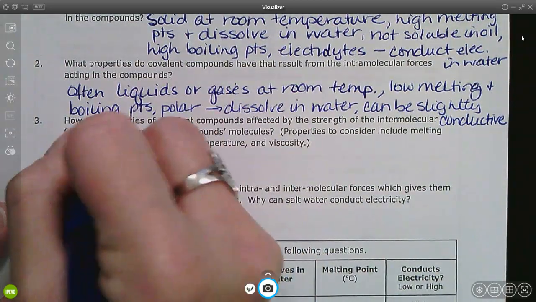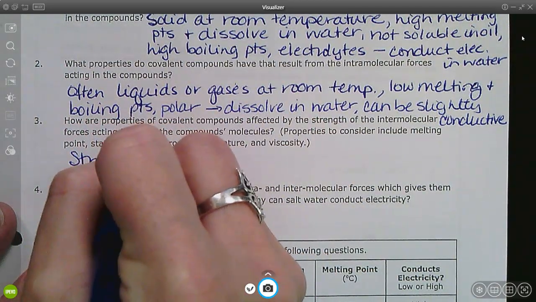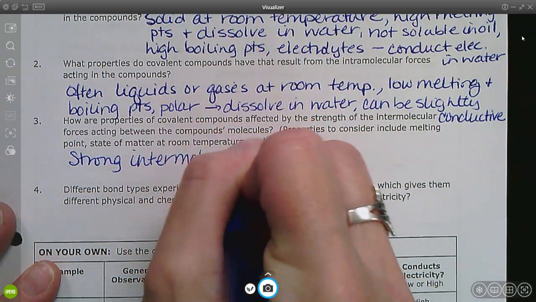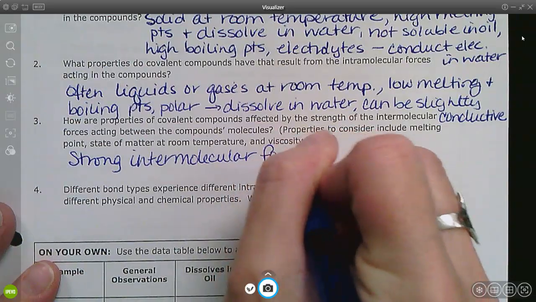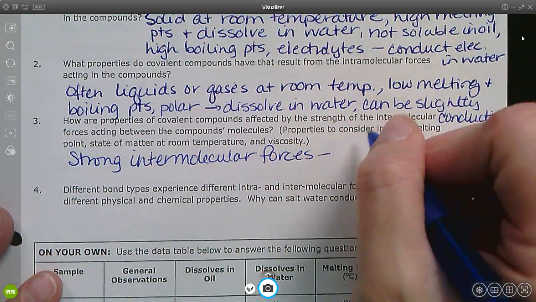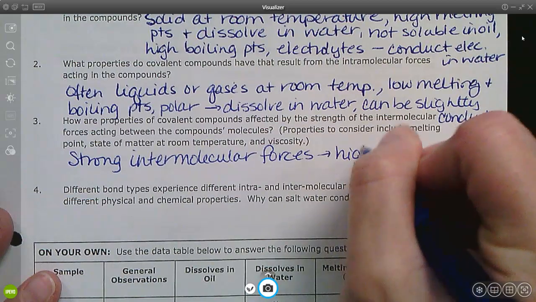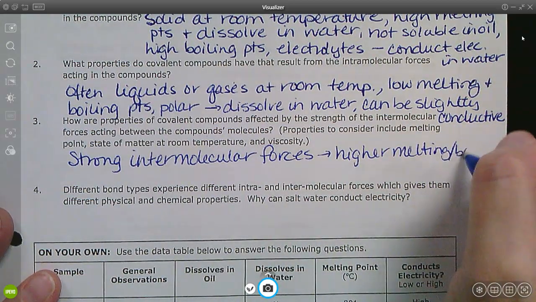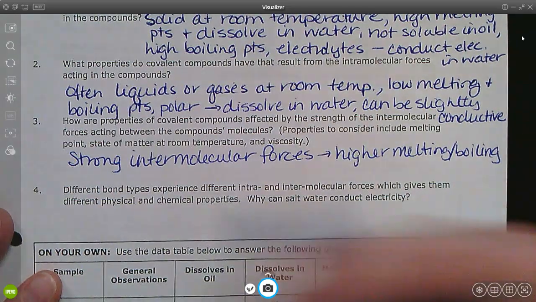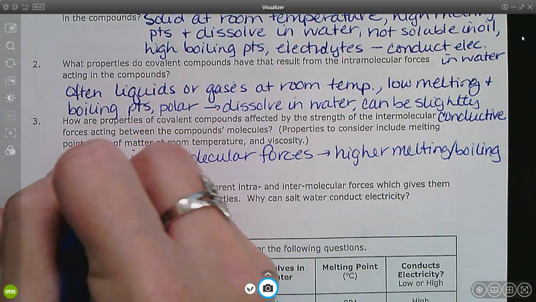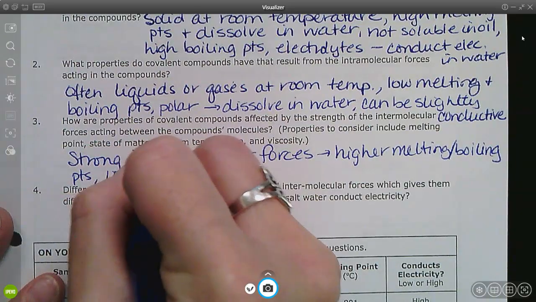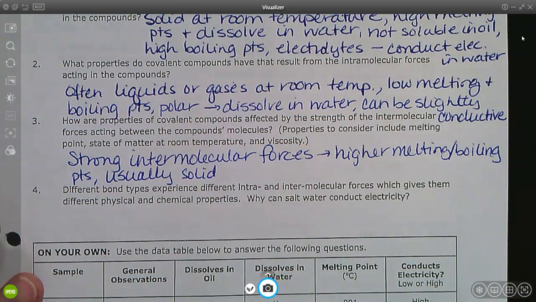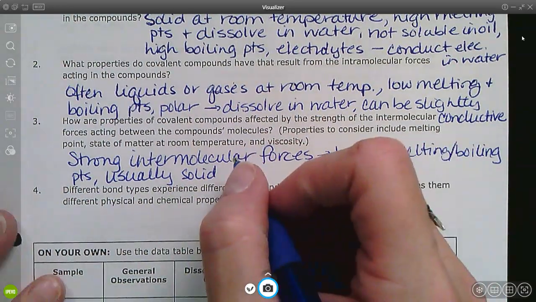So if you have very strong intermolecular forces, you're going to have higher melting and boiling points because the attractions are going to keep those molecules closer to each other. A lot of times they're going to be solid because the molecules are being held close to each other in a more fixed state.